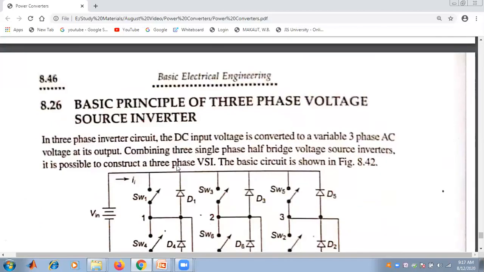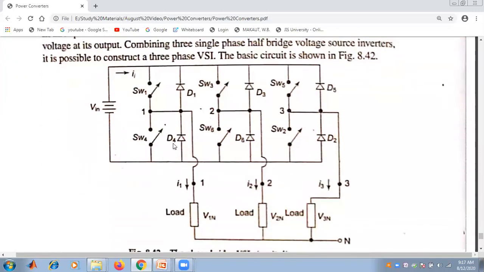So another portion of our discussion is the basic principle of the three-phase voltage source inverter. This is the general circuit of the three-phase voltage source inverter. In the three-phase voltage source inverter, six switches are used.